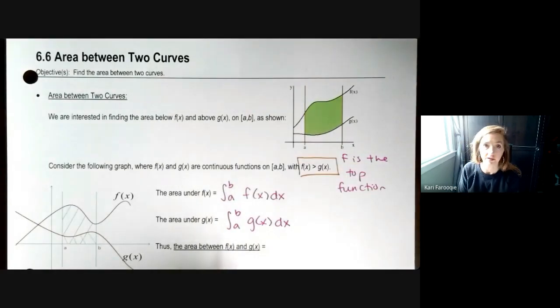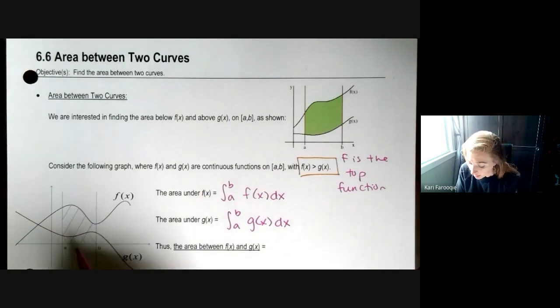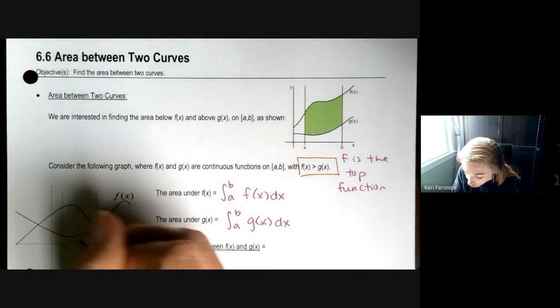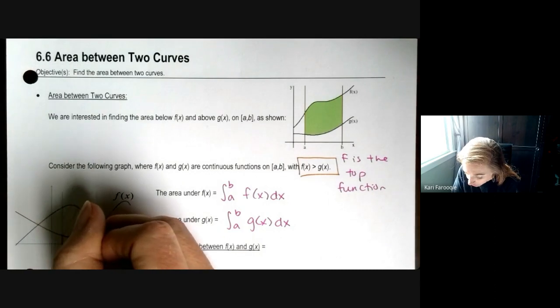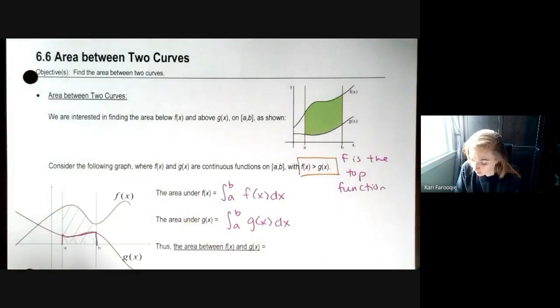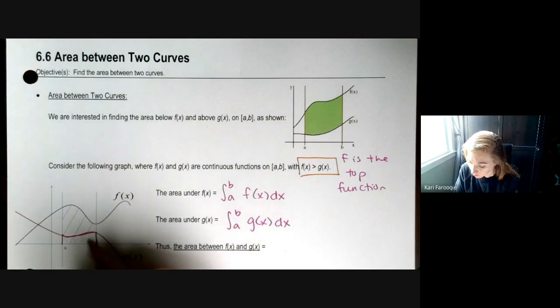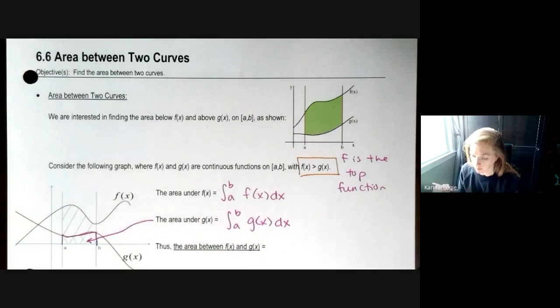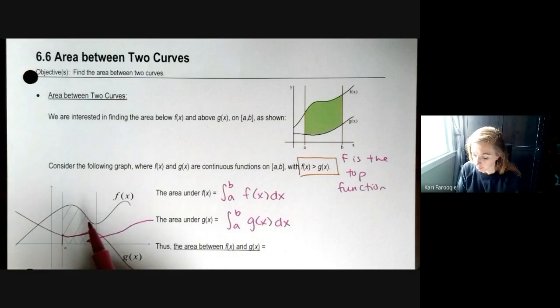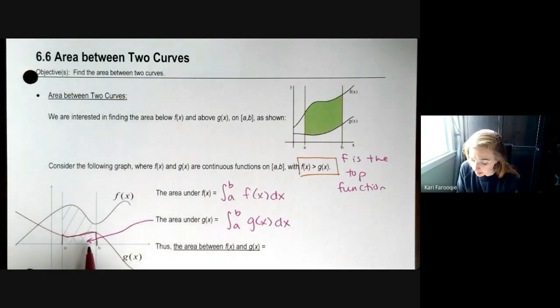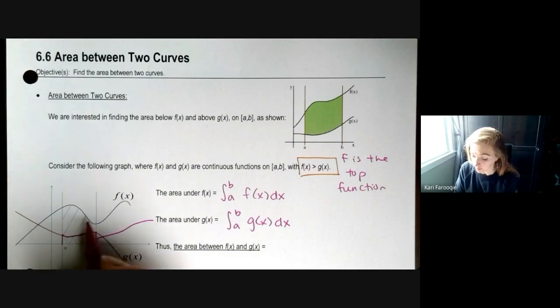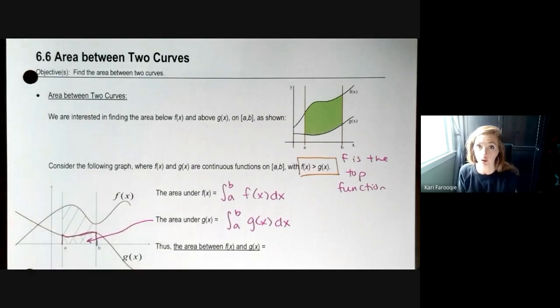Now, if I was trying to find the area between these two, the idea is that I want to take away this area that's under g. So the area under g of x is this piece. So right here, that's the area under g of x. The area under f contains this whole space between the curve f and the x-axis. So if I take away the area under the curve g, that's going to isolate just the area between the curves f and g.